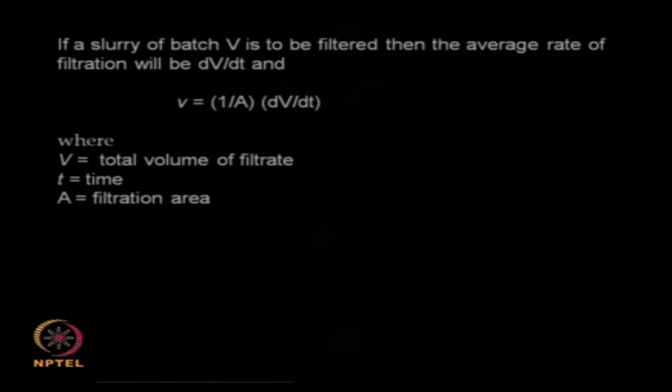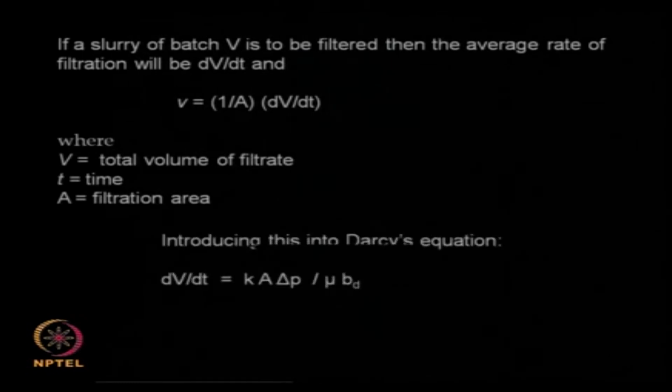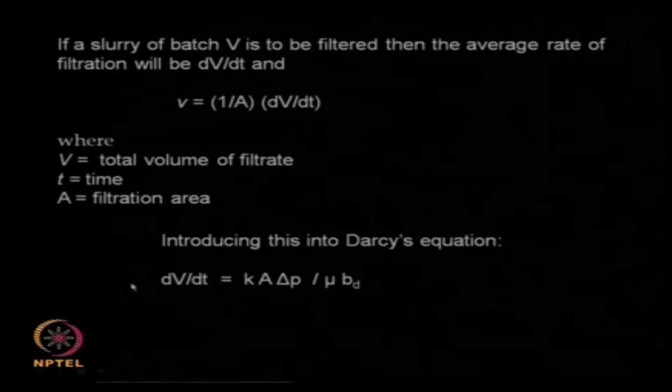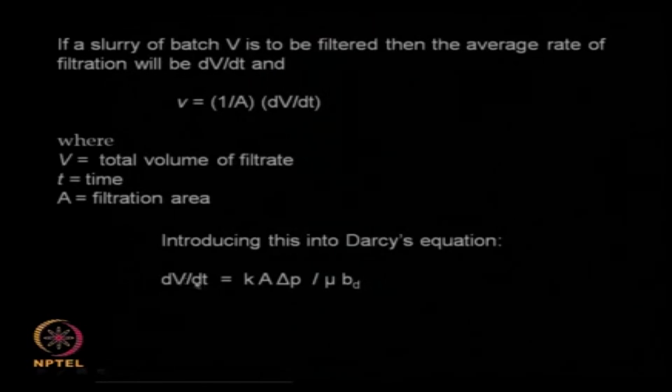If the filtration area is very large, then the velocity will be very less. So we can introduce this equation into Darcy's law, and then we will end up with the differential equation for the average volume of filtration for a given time as a function of delta P, that is the pressure drop, A is your area, B is your bed thickness, and mu is your viscosity of the medium.